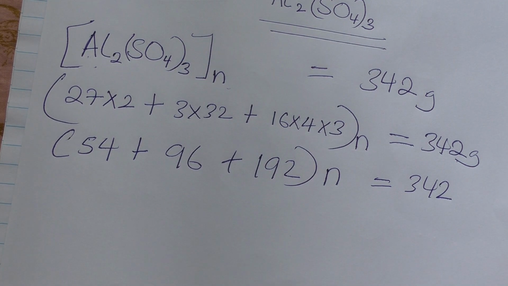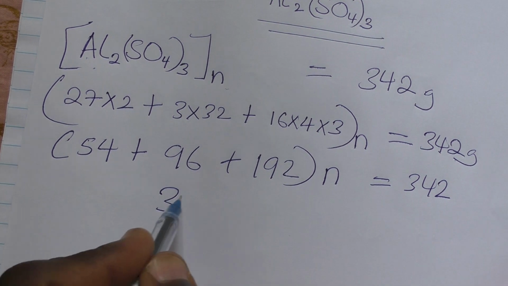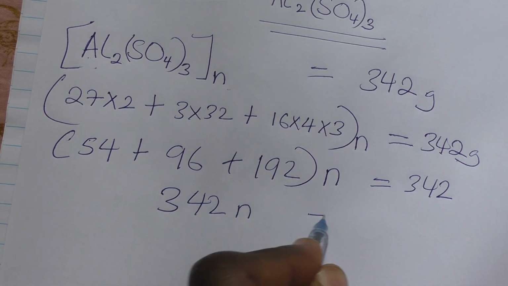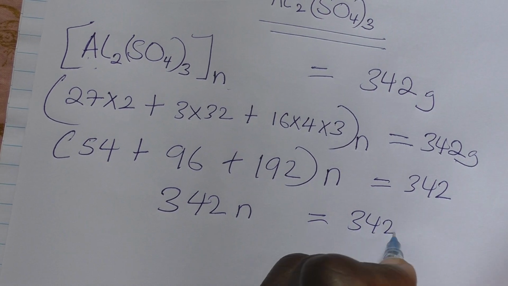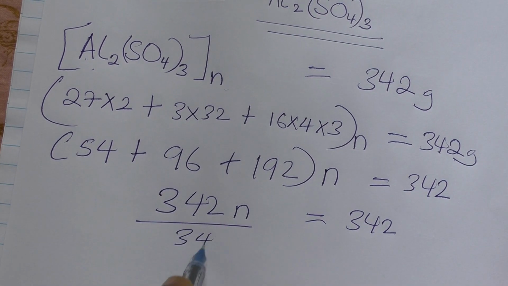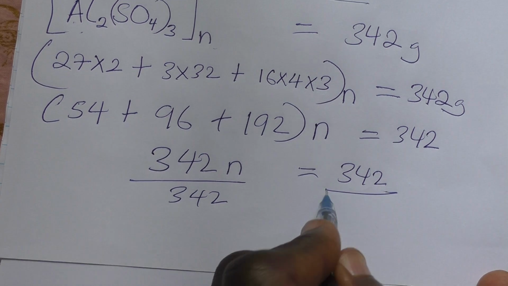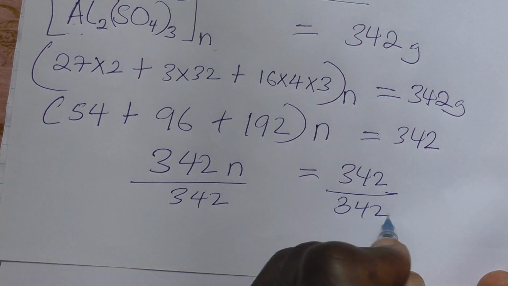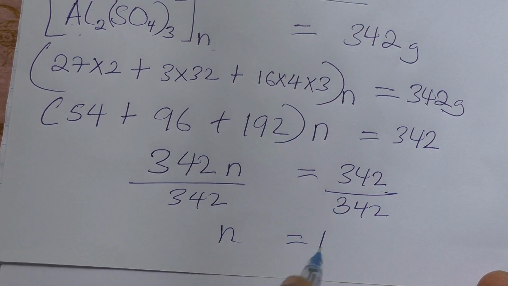So when we add, we end up with 342n equaling 342. So we divide 342 by 342, that gives us n as 1.